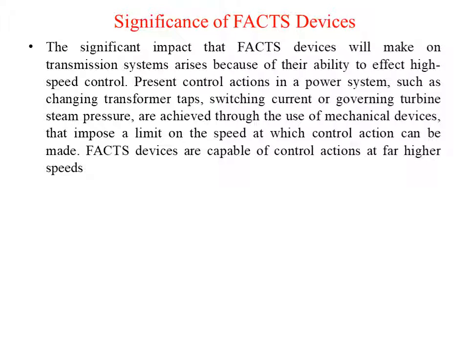So FACTS devices are capable of control actions at far higher speed. So the speed of controlling becomes high in the case of FACTS devices as compared to conventional tap changing transformers, switching current, or governing the turbine pressure of the generator.